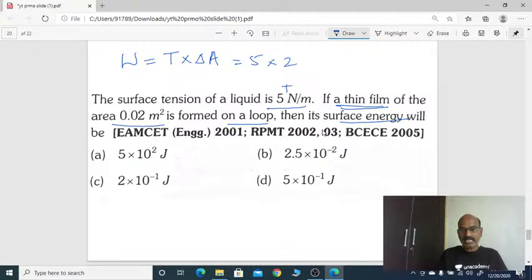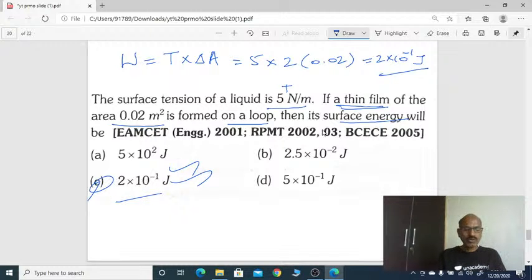So twice, that is important. Twice into surface area 0.02. The film has 2 free surfaces, that is why I multiplied by 2. Multiply, and you will get 2 into 10 power minus 1 joule. So C is the correct answer.